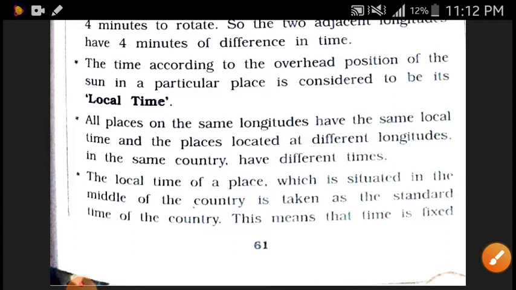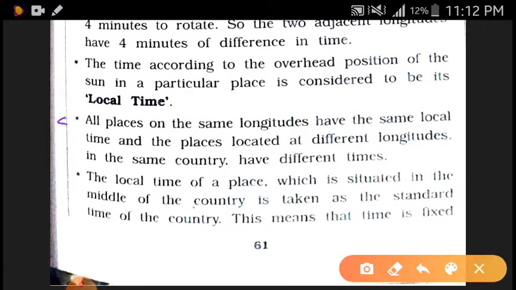Now next point: all places on the same longitudes have the same local time, and the places located at different longitudes in the same country have different times. As we have seen, longitudes are imaginary vertical lines on the globe of the earth, and if a country has different longitudes in different parts of the country, then the time will be different.